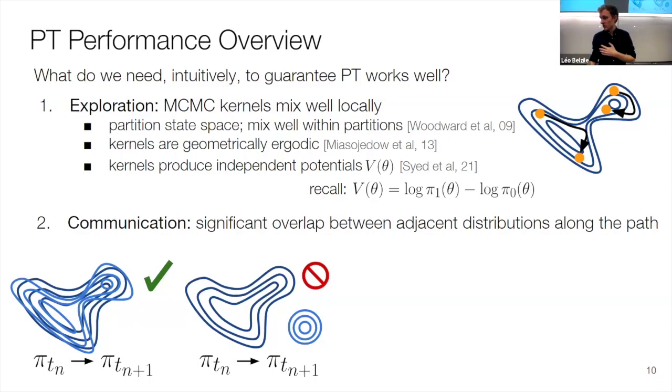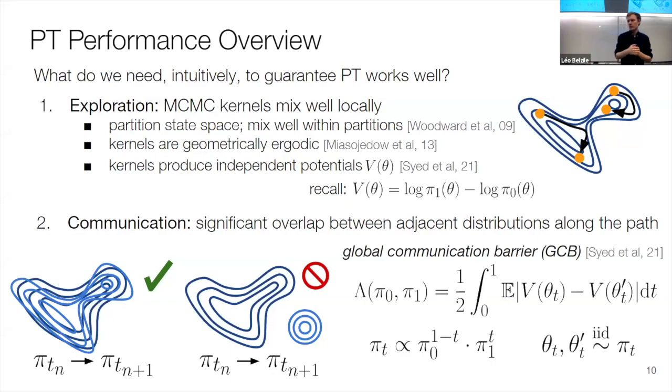Once again, pulling from Saf's earlier work, something worth knowing is the global communication barrier, GCB, which is a function of just the reference distribution and the target distribution. Without getting into the details of this integral, it's a path integral along the path of distributions. It really characterizes how much overlap there is along that path, right?